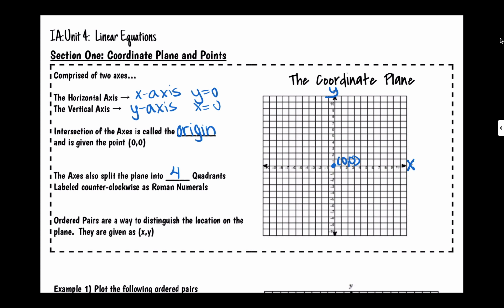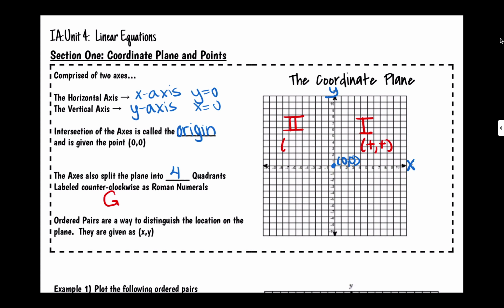So our first quadrant is right here. It's the positive values. So a positive x and a positive y. Our second quadrant, again, we're going counterclockwise. So opposite the clock.